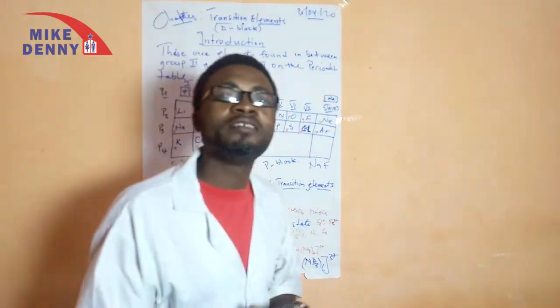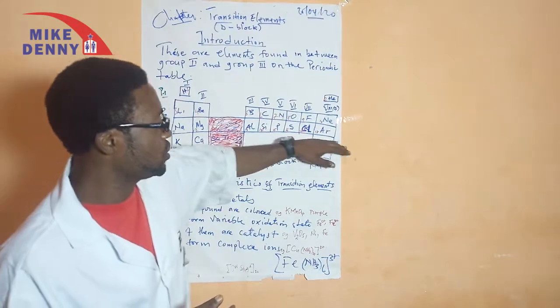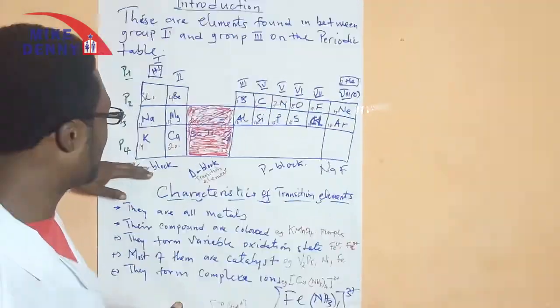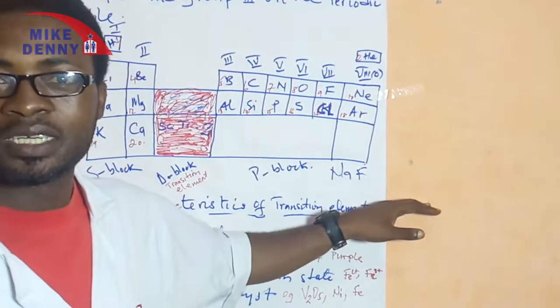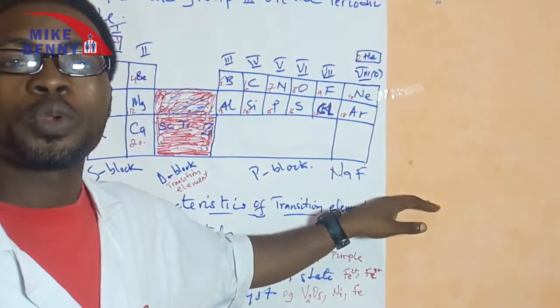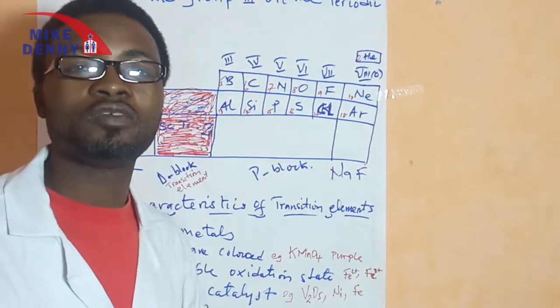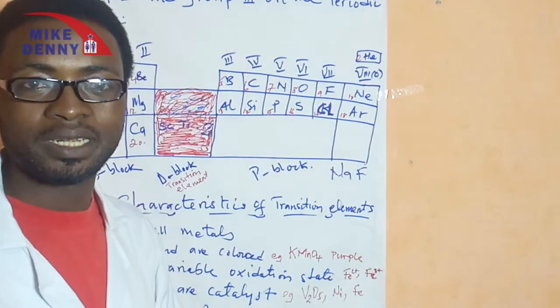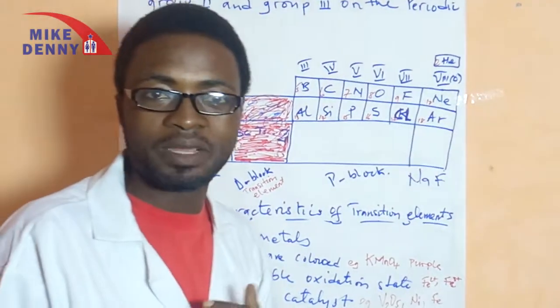Now we have the first series of the transition metal. We have the second series and the third series. Now in Form 5, we are concerned with the first series of the transition metals. We also call them the D block element.